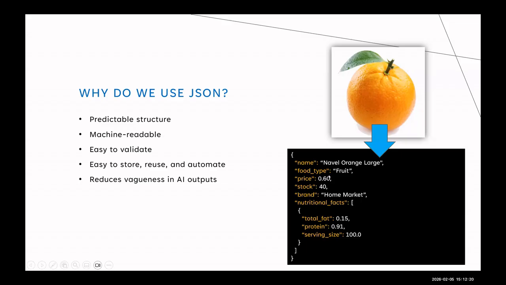The food type, of course, fruit. If you had a vegetable, obviously it would say vegetable here. The pricing for it is, woohoo, 60 cents per orange. I know that's kind of cheap. We like that. We have 40 in stock. Our brand is our home market brand. And the nutritional facts of this particular orange.